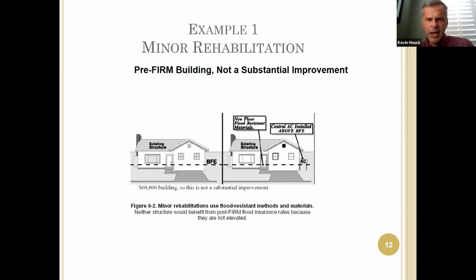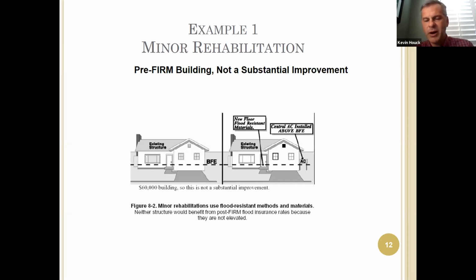So again, we've already calculated that the number is less than 50%, so this is not a substantial improvement. So what would you require? Well, if it's not a substantial improvement, you would not require that the entire building be elevated to put the lowest floor at or above the base flood elevation. So the floor can remain where it is.